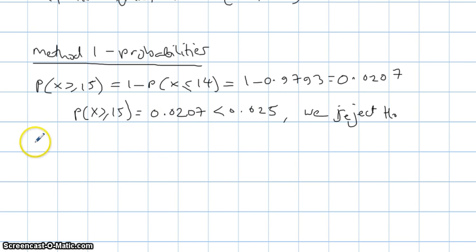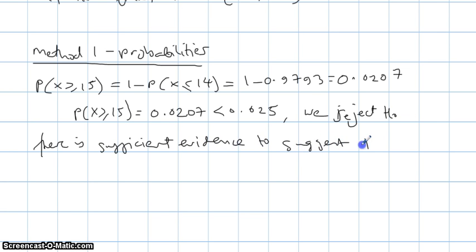We reject H0 and conclude that there is sufficient evidence to suggest that people have a preference for a particular direction.